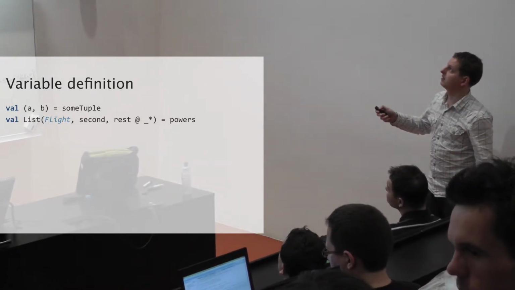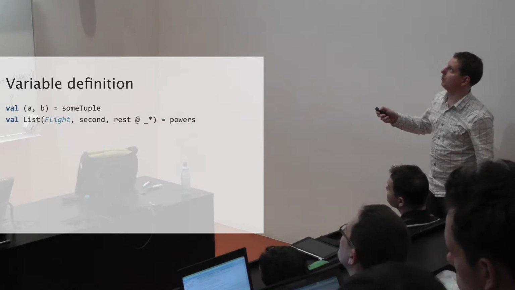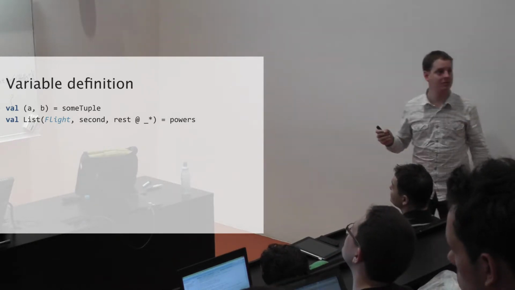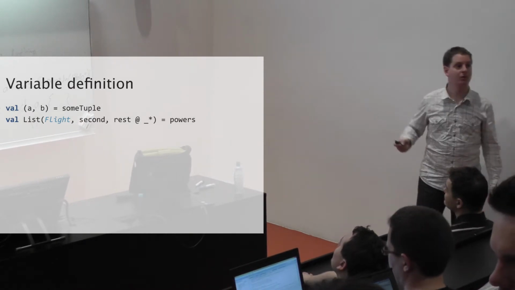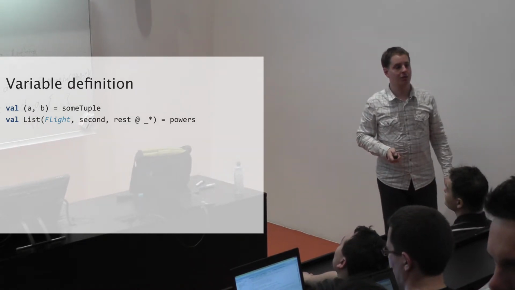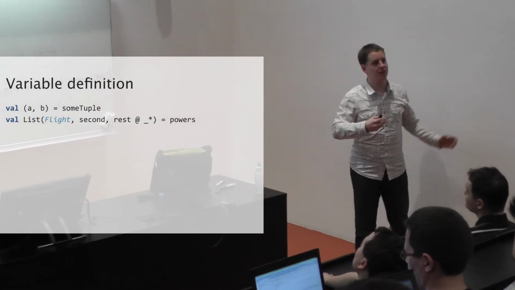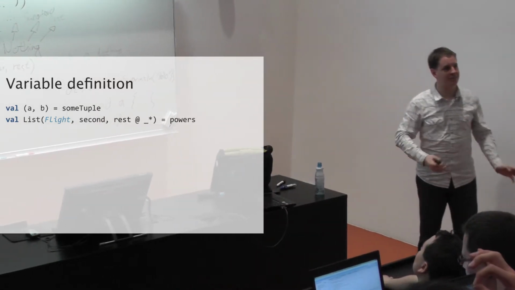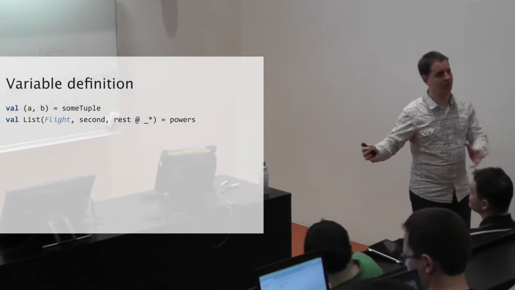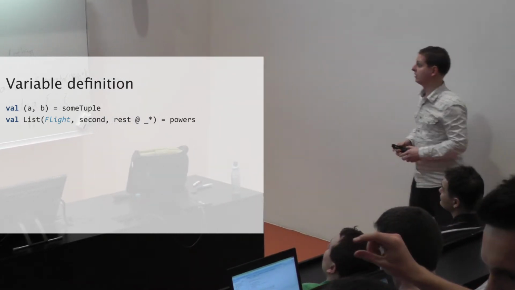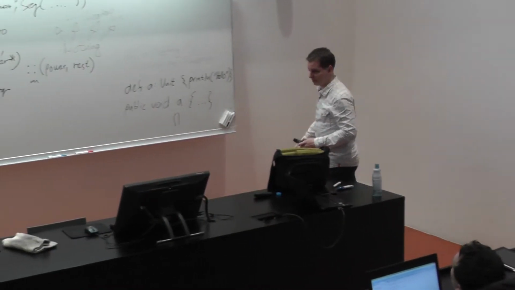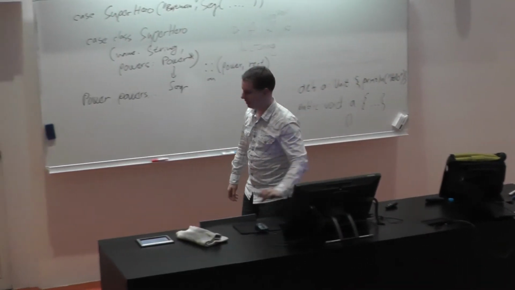And this at symbol will create a variable rest where the content of this is put into. So sometimes you may use an inner pattern, a nested pattern, and want the whole thing in another variable. I can put another example which might be clearer.